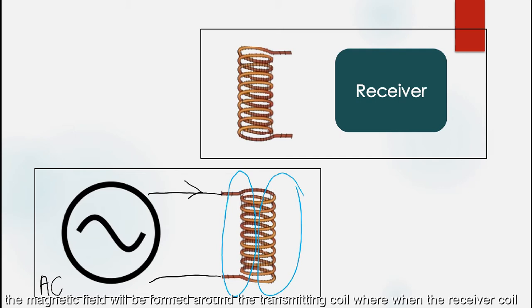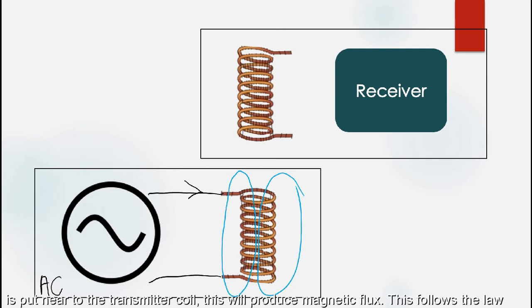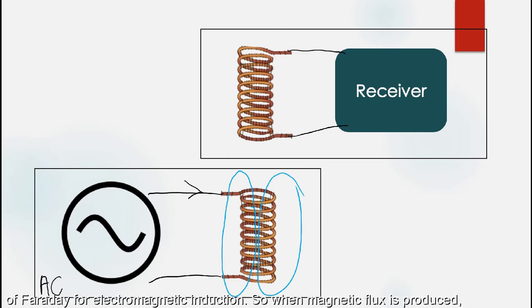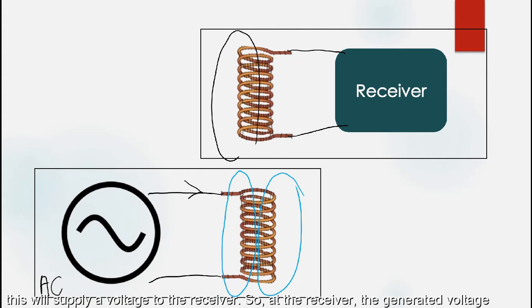When the receiver coil is put near the transmitting coil, this will produce a magnetic flux. This follows Faraday's law of electromagnetic induction. When the magnetic flux is produced, this will supply a voltage to the receiver.